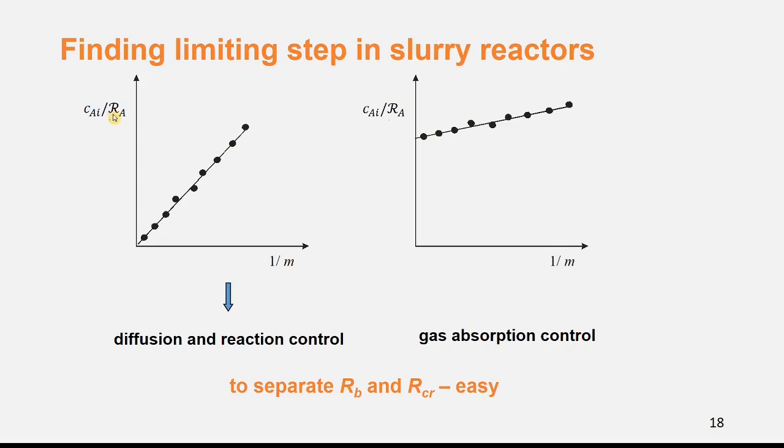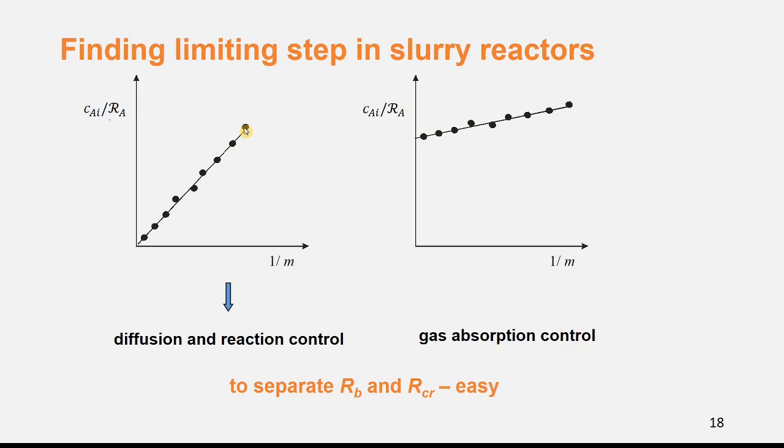We also obtain the rate of the reaction, capital RA, which is also measurable in the lab. And we do the experiments at different catalyst loadings m. And then we generate the plot, CAI divided by the rate RA versus 1 over m. And then we look at the slope and y-intercept of the plot.